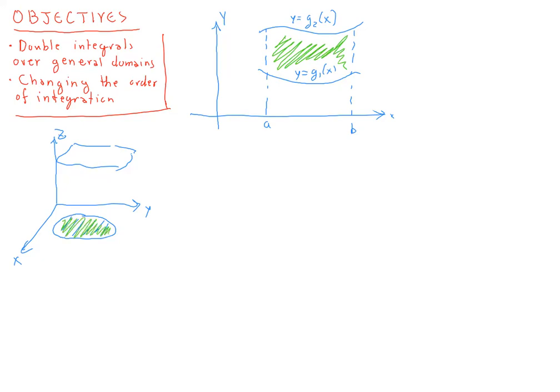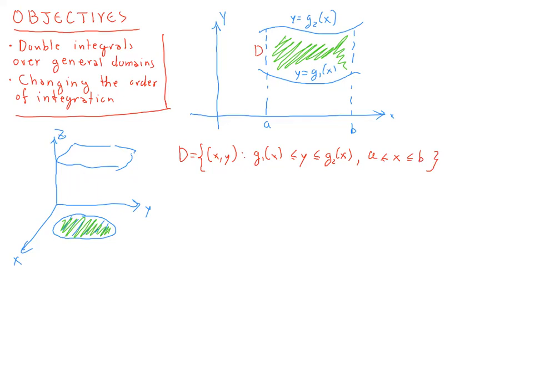And we can actually describe this domain quite specifically. This is the domain D, let's call it D. And it's all (x, y) such that y is between G1 of X and G2 of X, and X is falling between A and B. Here you can see why.